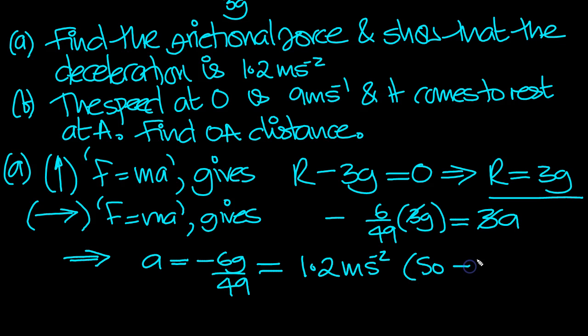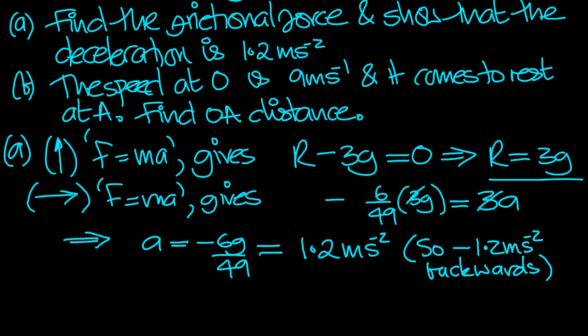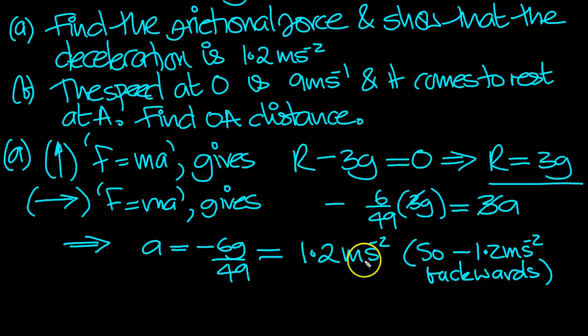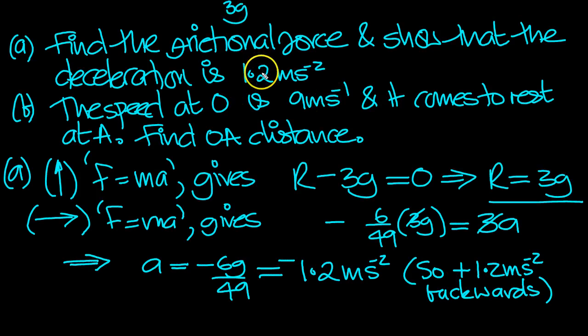So it's minus 1.2 meters per second squared, backwards, which is what we've shown in the reverse direction. So there's a. This is a minus here, so this is a plus, isn't it? We'll get it right in a minute. So that's the deceleration.